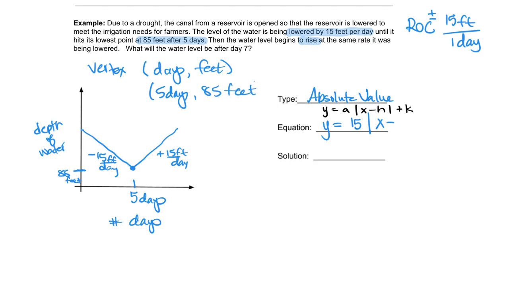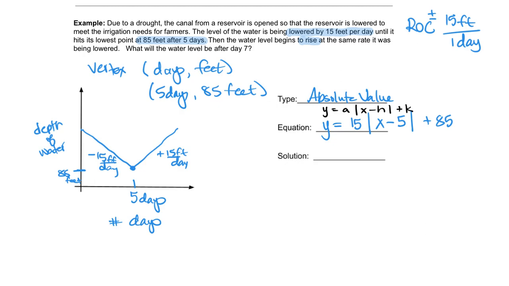We put it in this order because we graph time along the x-axis, the horizontal axis, so it goes in the first position. So we have 15 times the absolute value of x minus 5, plus 85. Of course, we take the opposite of positive 5, so it's negative 5 because it's inside the brackets. On the outside, it stays the same, so plus 85.